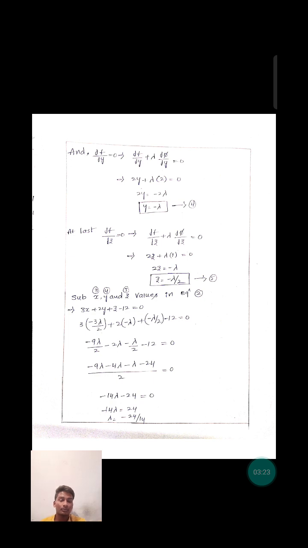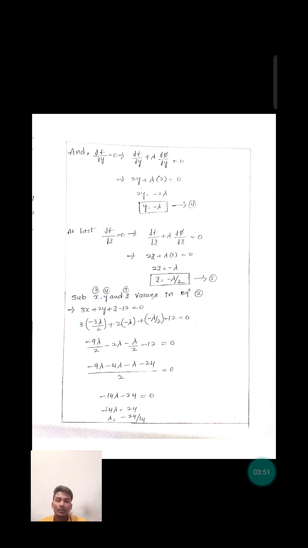Now substitute these x, y, z values in equation 2. From equation 2, the plane, that is 3x plus 2y plus z minus 12 equals 0. Then substituting the x, y, z values from above, we get 3 into minus 3 lambda by 2 plus 2 into minus lambda plus minus lambda by 2 minus 12.